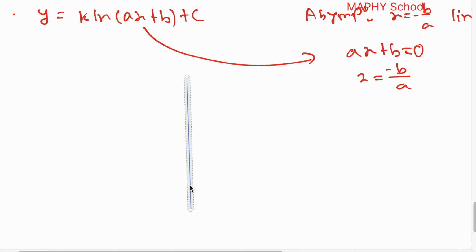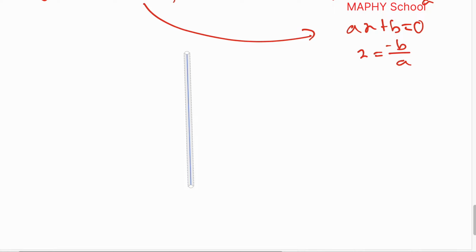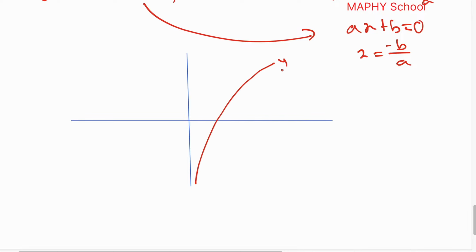So let's draw it. The y-axis, the x-axis. Number 1, this is called y equals ln x. Here the point is 1. Then this is y equals ln minus x.